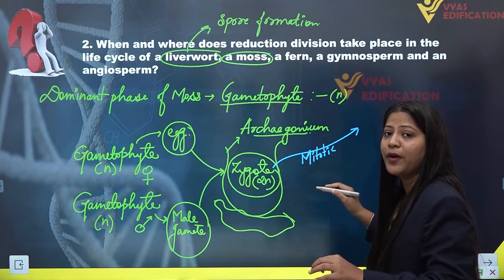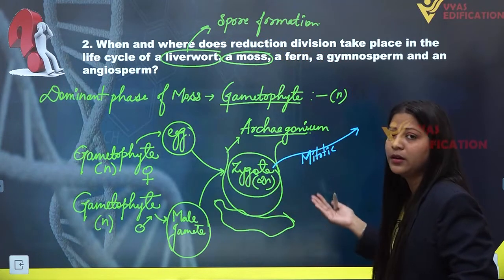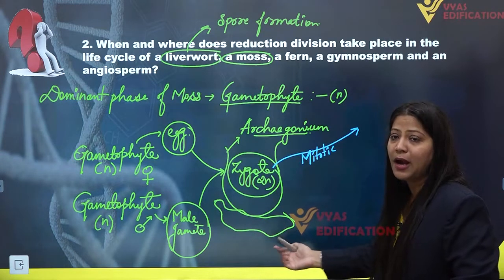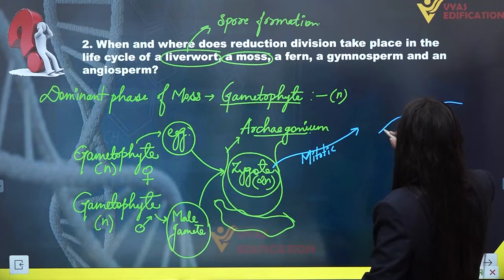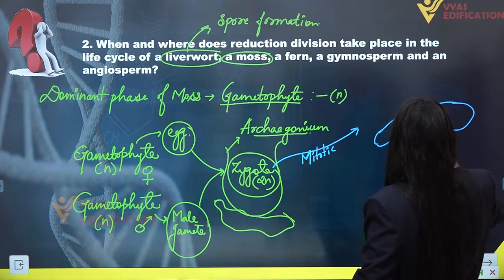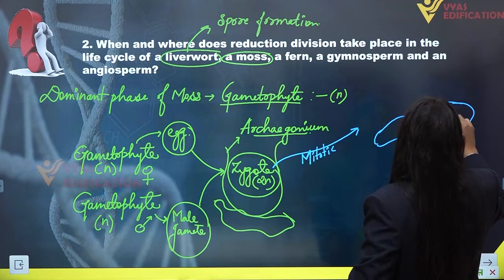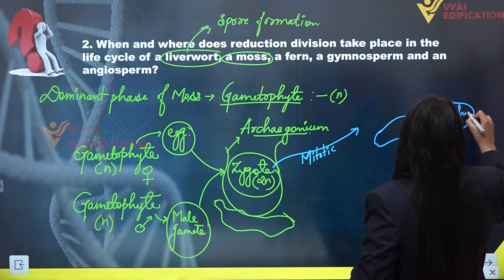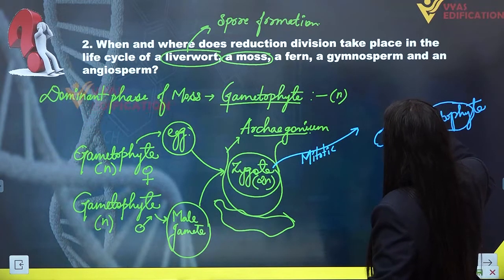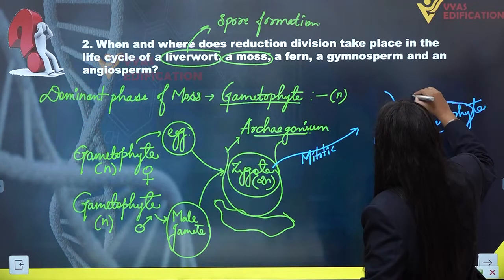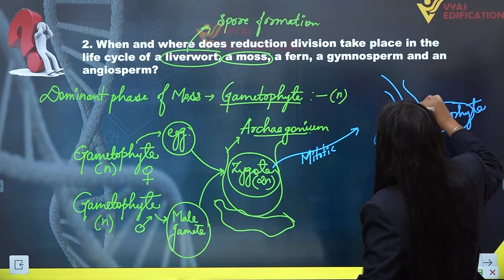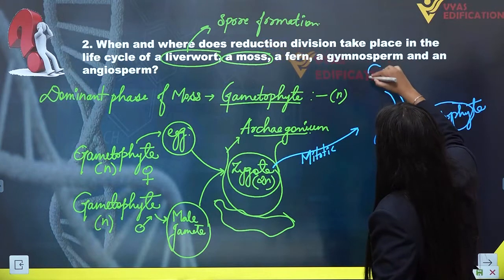A sporophyte which is developed from the zygote will be retained on the gametophytic plant body only. So here suppose we have a gametophytic plant body, and on it, inside the archegonium only, a sporophyte will develop like this.